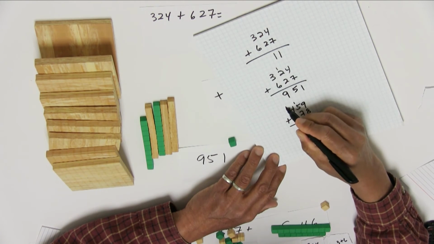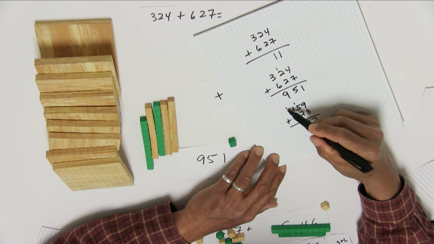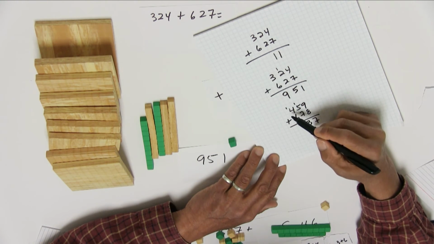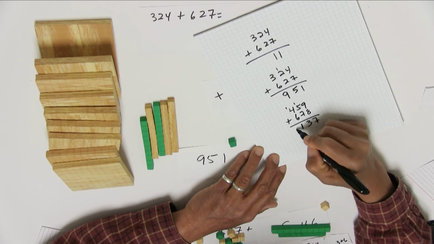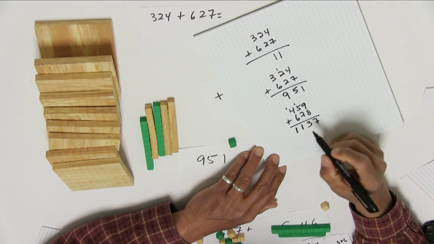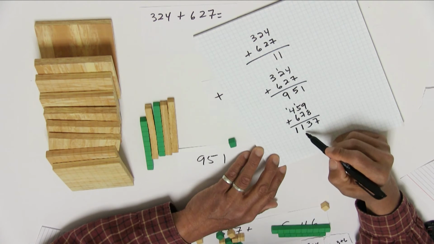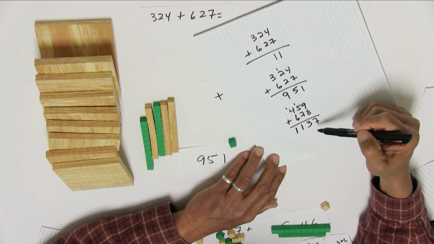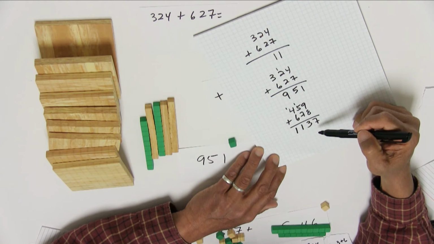That's too many to write, so I have to show that I made an exchange. 400 plus 600 equals 10 hundreds, plus 1 more hundred makes 11 hundreds. And so my answer is 1,137. So the kids have to show me that this is how they think they're going to solve the problem without the use of manipulatives.